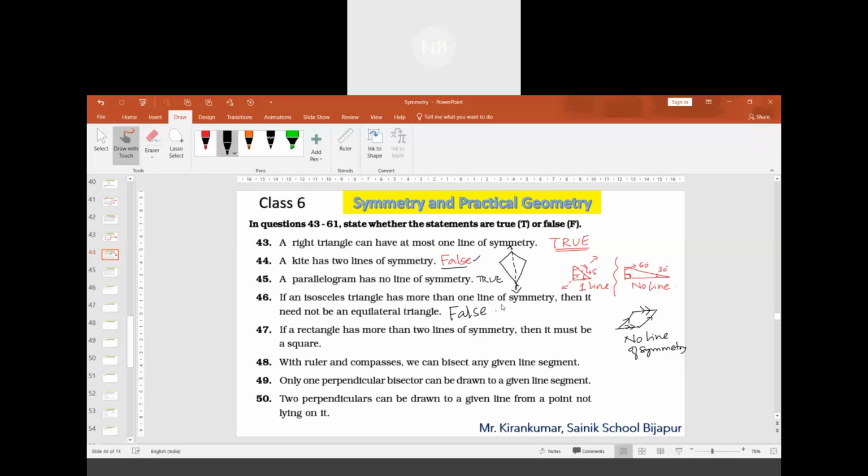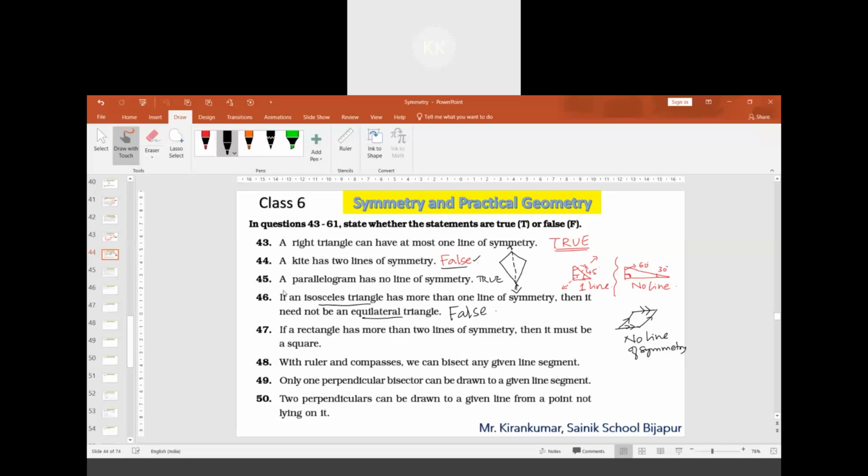It is symmetrical about the bisector of the angle included between the equal sides. That is, only one line of symmetry is possible. Whereas in an equilateral triangle, there will be three lines of symmetry.